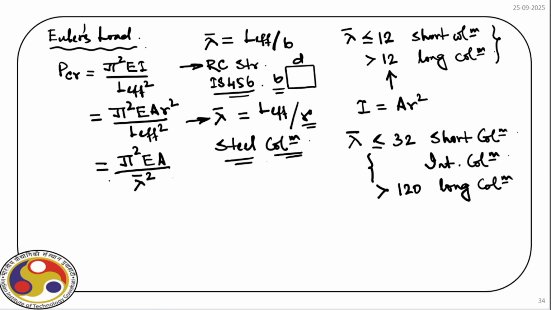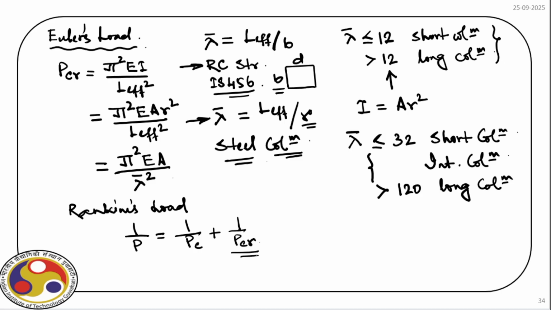And if you recall, we have also defined Rankine's formula, right? So Rankine's load is 1 by P is equal to 1 by PC plus 1 by PCR.